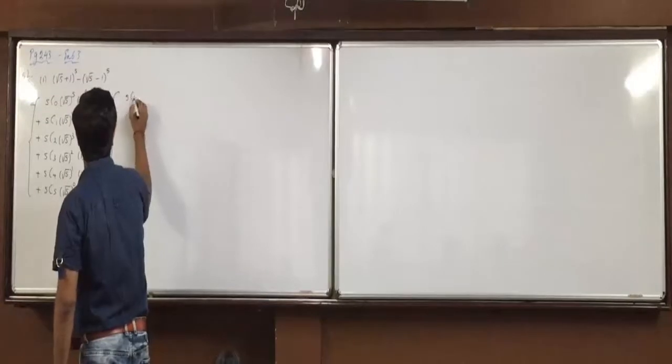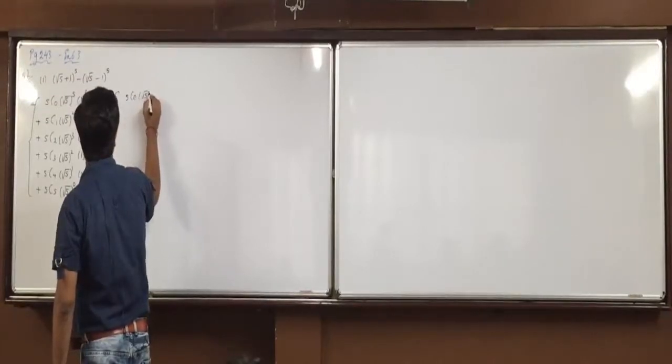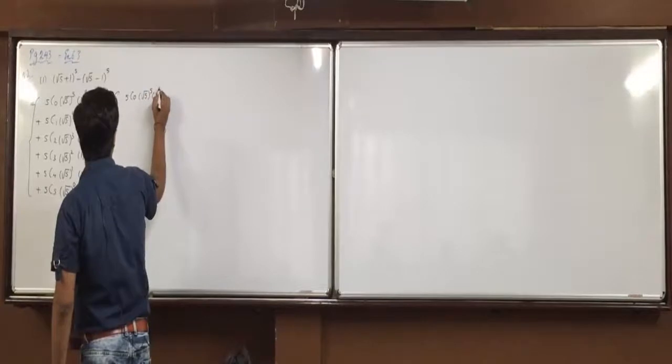So 5C0 root 5 raised to 5, 1 raised to 0.